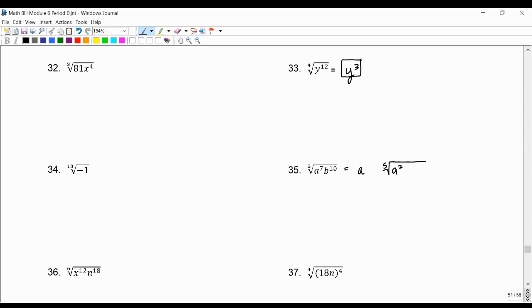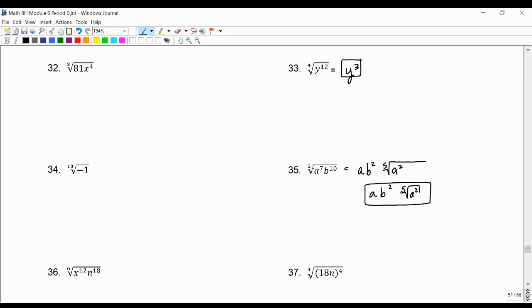And out comes 1 representative, so we don't put a to the 5th here. It is now just a. And 5 goes into 10 2 times, b squared. So it'll be 2 sets of 5 in there and none left over. And so our final answer is a b squared, 5th root of a squared, just cleaning up our final answer.